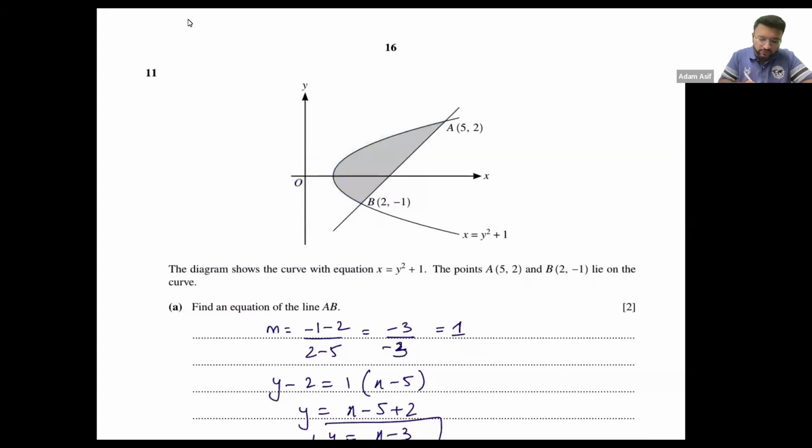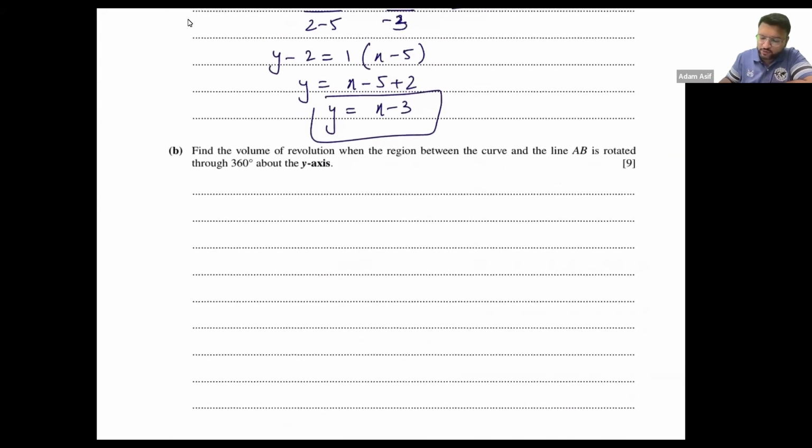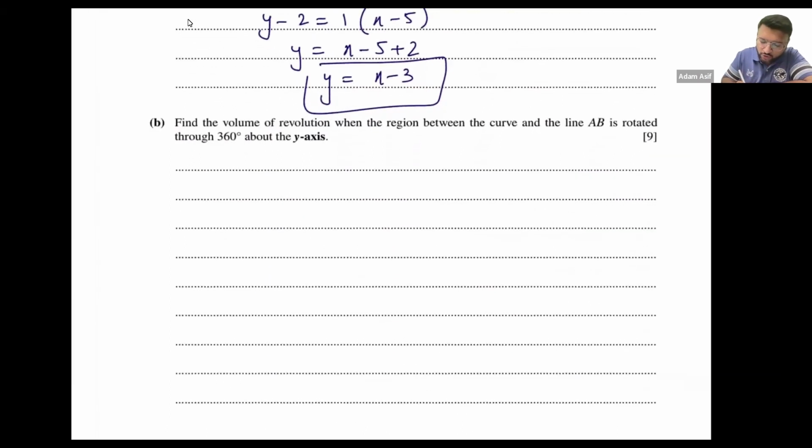Now since we are dealing with the y-axis, we will be needing the limits on the y-axis. So ये B का पॉइंट क्या है? -1. What's the y coordinate of A? 2. So first I'm going to rotate the line. Now what is the formula for finding the volume? Volume is pi times the integral of f of x, the whole thing squared, dx, and you apply the limits.